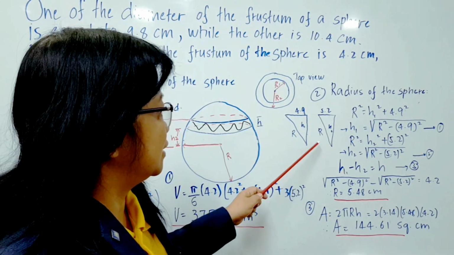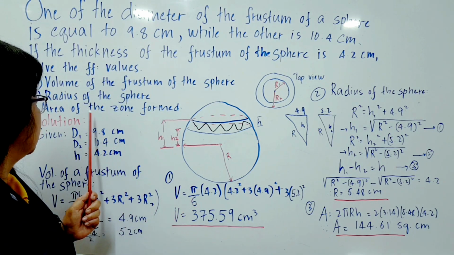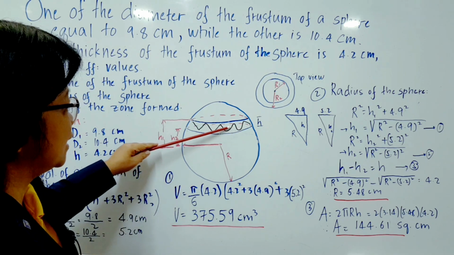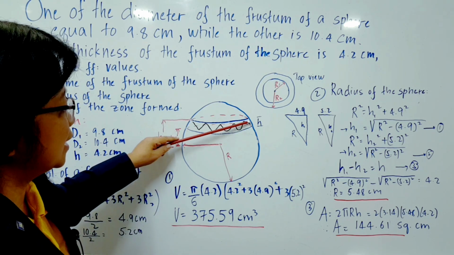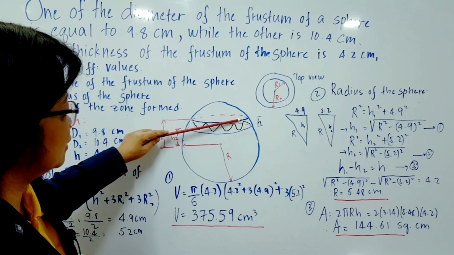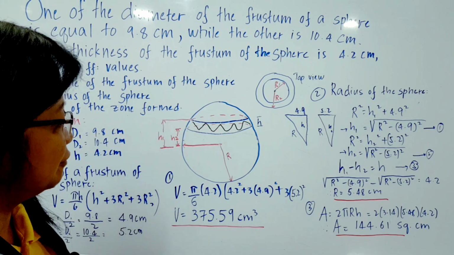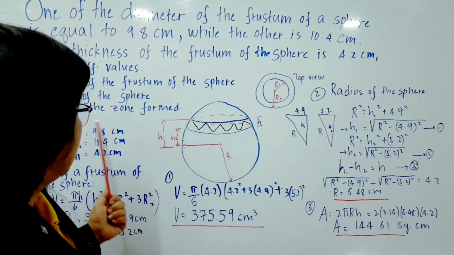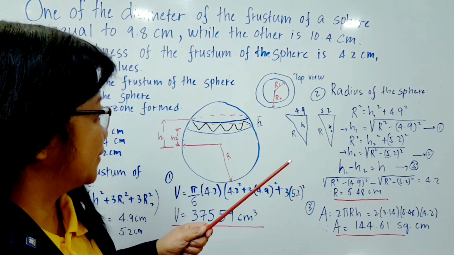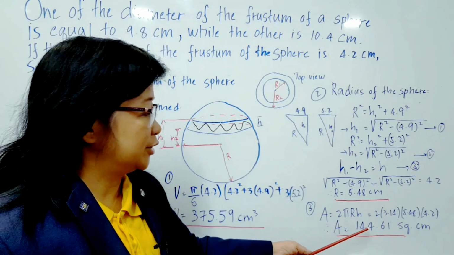Now we solve the second question, the third one, which is the area of the zone formed. The area of the zone formed means this area between the two lines. We have to find this area. Therefore, the area of the frustum of the sphere is equal to 2 pi r h.